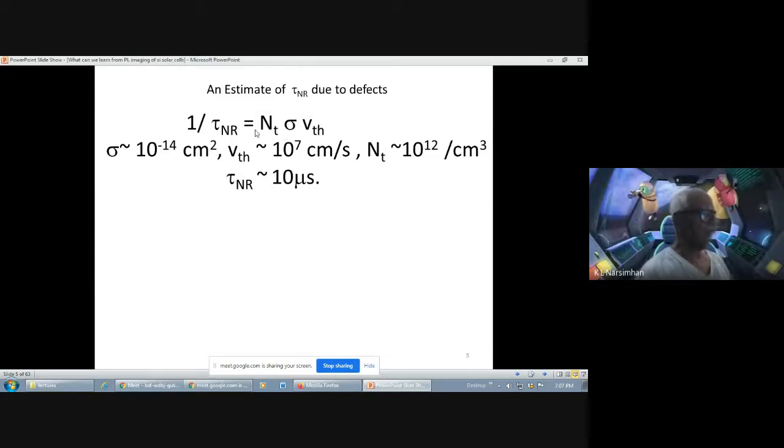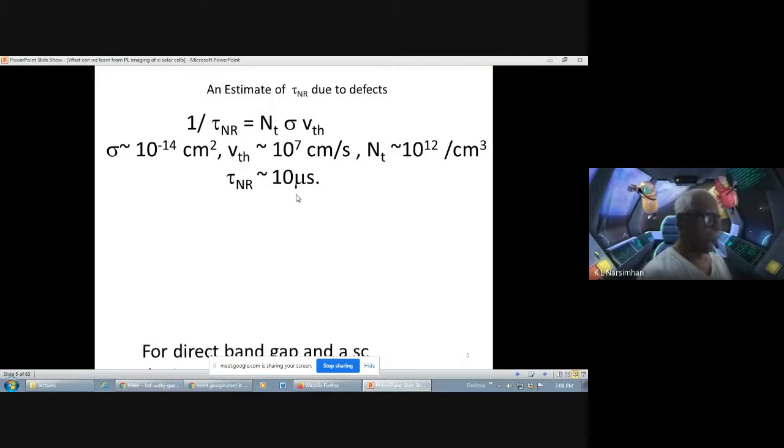So if nt is large, the lifetime is small. Okay, and so if you put in some typical numbers, sigma is 10 to the minus 14 centimeter squared, which is a cross section, and a very low trap density of 10 to the 12 per centimeter cube. Please remember, it's extremely small. We are talking of 1 part in 10 to the 10 or 1 part in 10 to the 11 traps. The lifetime is of the order of 10 microseconds.